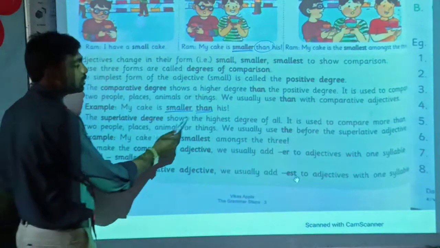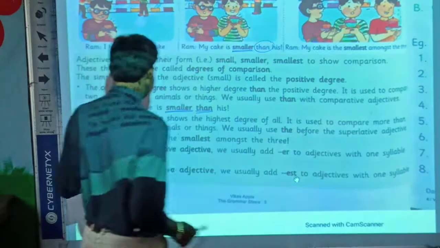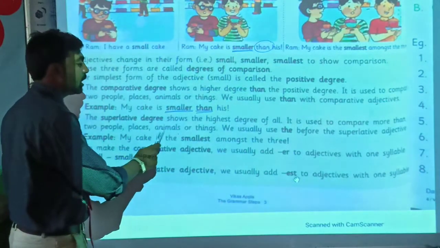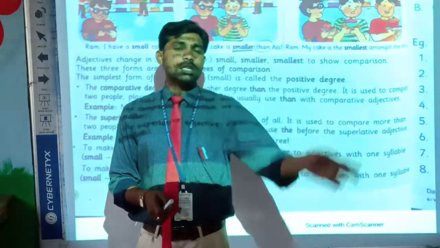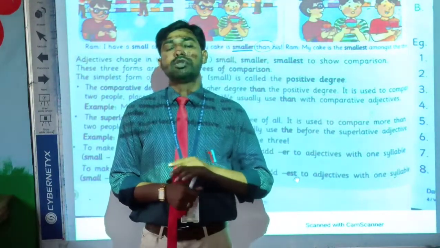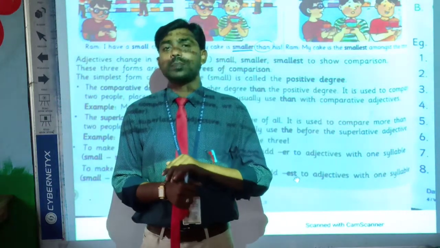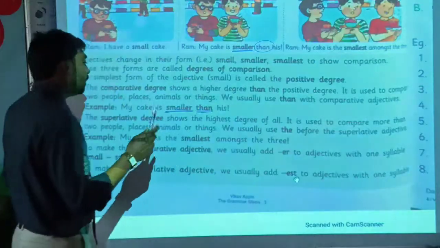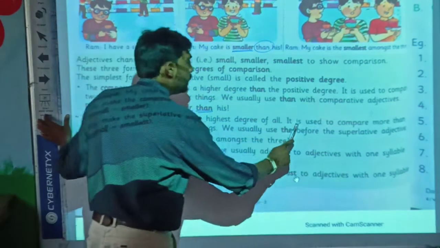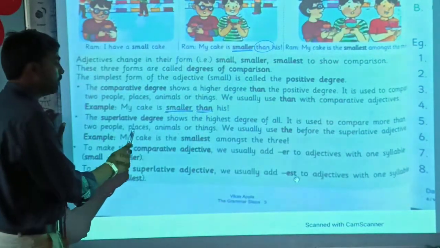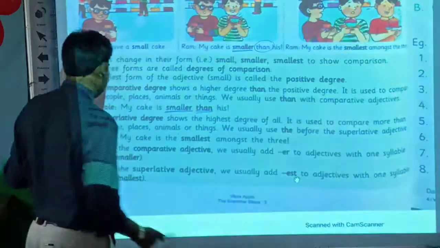The superlative degree shows the highest degree of all. It is used to compare more than two people, places, animals or things. So if we have to compare more than two things, we should use the superlative degree. We usually use the before the superlative adjective.